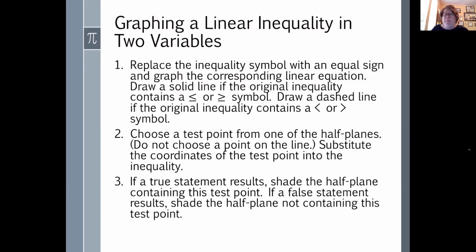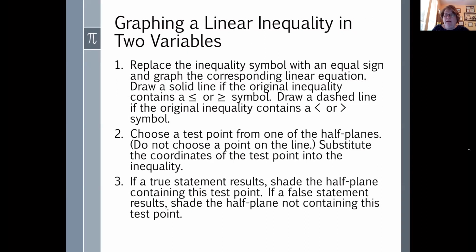1. Replace the inequality symbol with an equal sign and graph the corresponding linear equation. You can graph it either using intercepts or perhaps slope-intercept. Draw a solid line if the original inequality contains a less than or equal to or a greater than or equal to symbol.